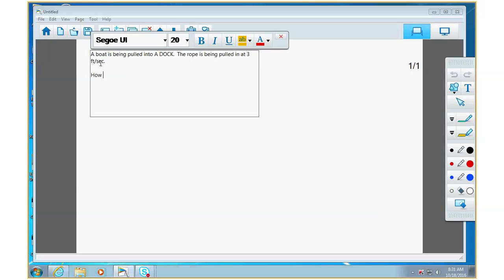How fast is the distance increasing or decreasing? It'd be decreasing, so it'd be a negative, when the boat is at 30 feet.